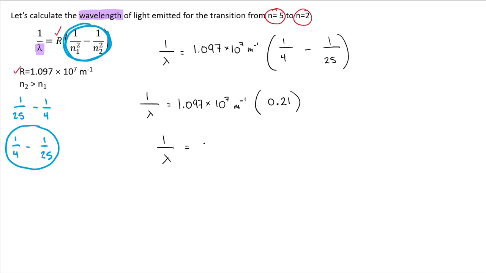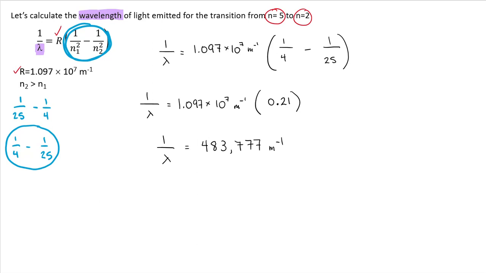equal to 483,777. Again, you have to get the wavelength out of the denominator. The easy way to do it is to take both sides to the -1 power.